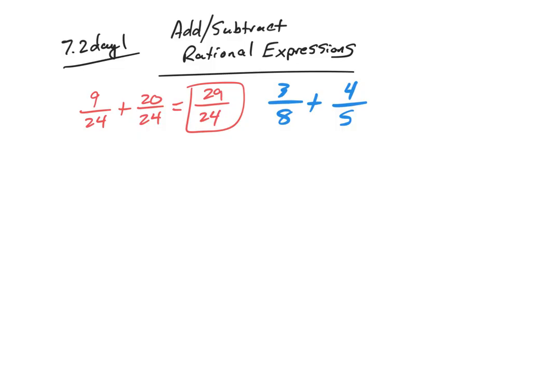40, okay? And sometimes it's as easy as just multiplying them together. Sometimes there might be something smaller, but it's easier just to find something that when they multiply together. So in order to make this one 40, I got to multiply by 5. But if I'm going to make it 40, then I got to multiply both top and bottom by 5. I got to change the entire fraction.